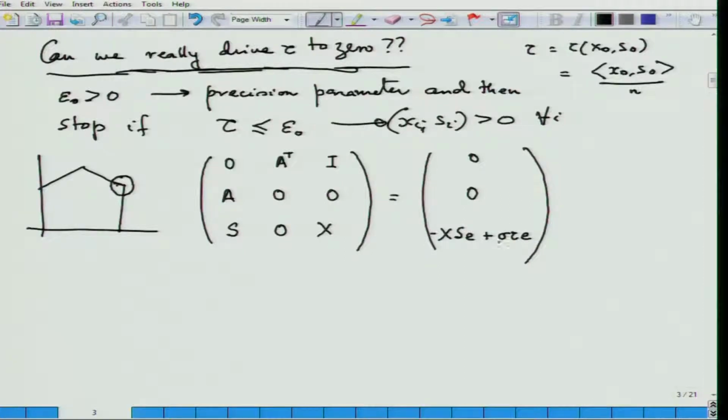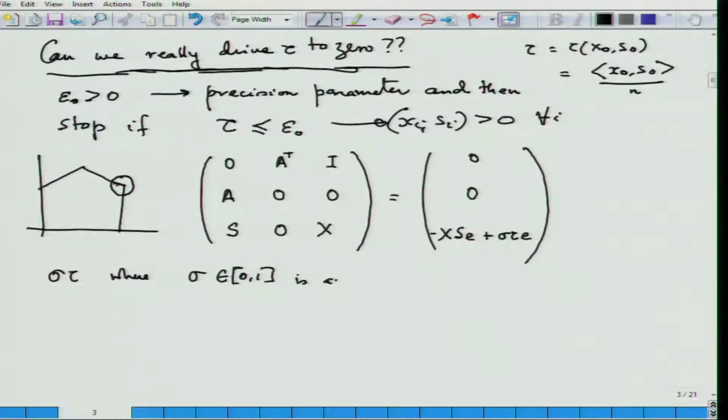This sigma tau is acting exactly like your mu, where sigma is between 0 and 1.